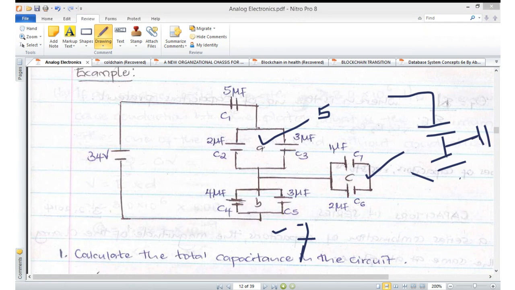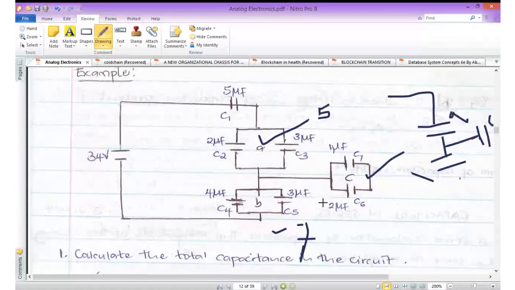So we can work with circuit A and circuit C and see how to merge them together. Looking at them from any direction, they are not in series, because there's a junction there.